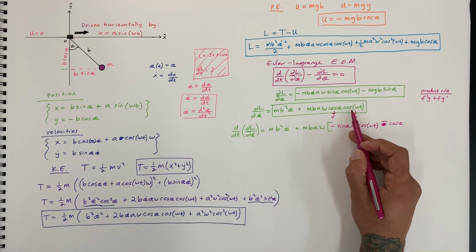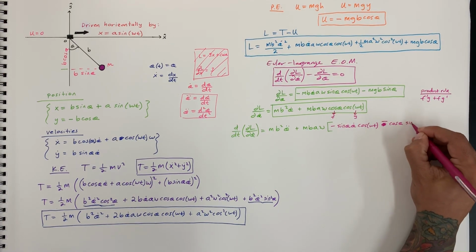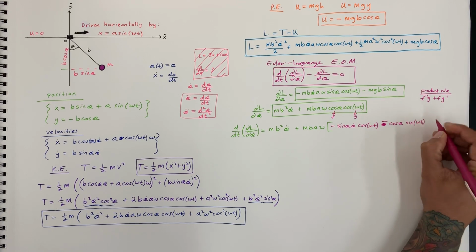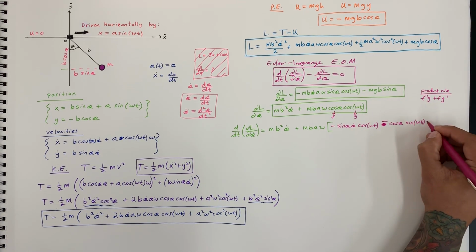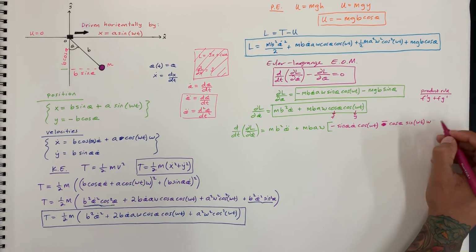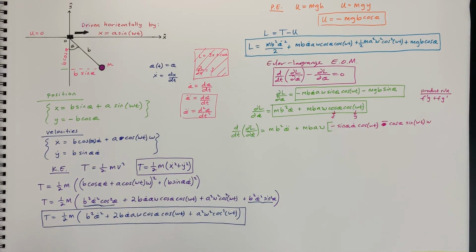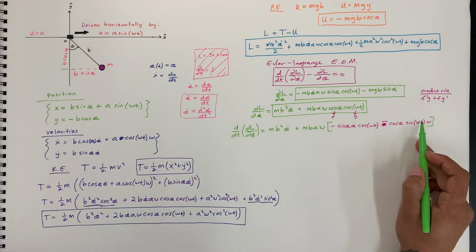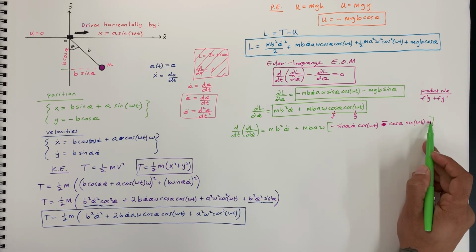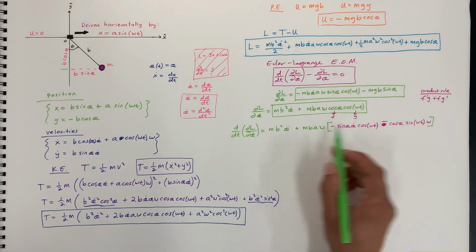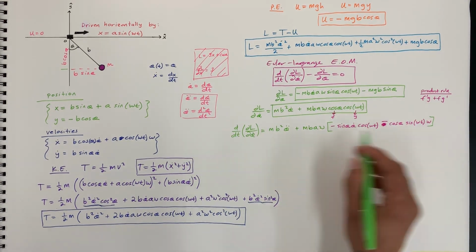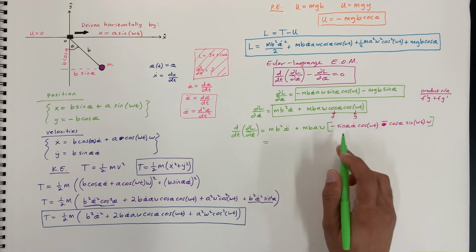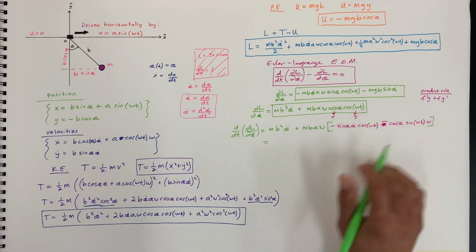And the derivative of this is going to be sine omega t, and with the chain rule we have omega that comes out. So the derivative of this inside with respect to t is just going to be omega. And that's it. Let's distribute this so we have it a little more organized here.